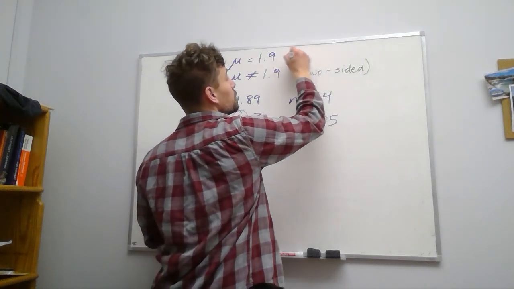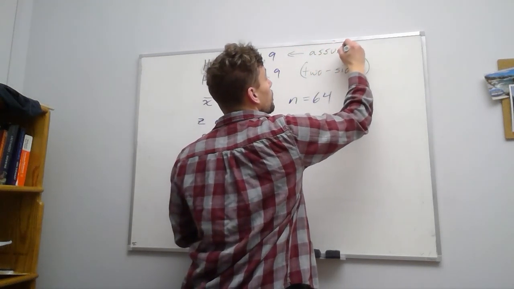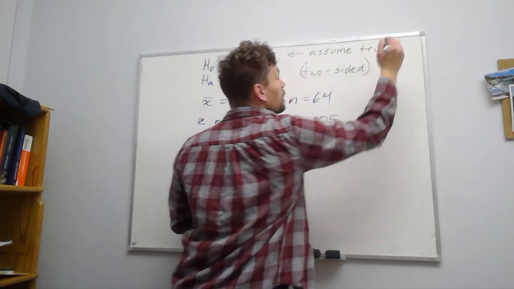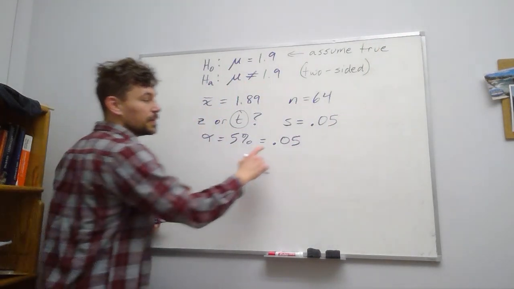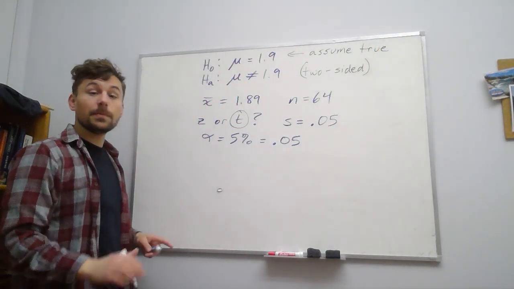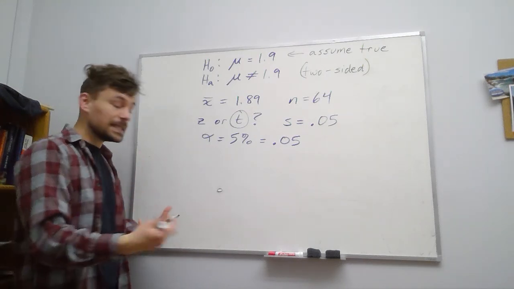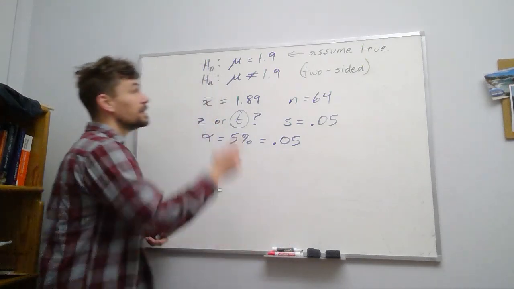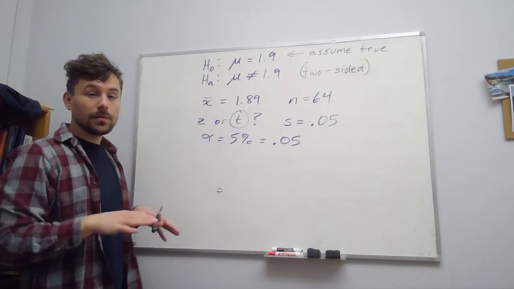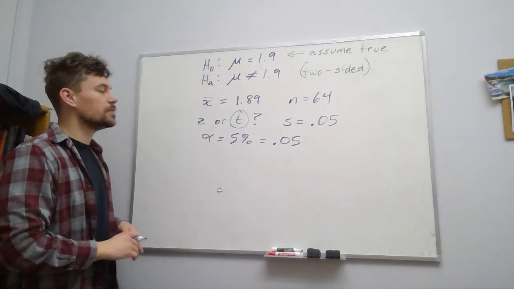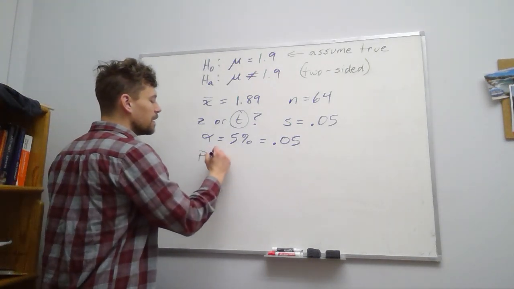This is our assumption. So if we have sample results that occur less than 5% of the time, that's evidence enough. It's statistically significant evidence to say something is wrong here. That null does not seem to be true. So let's go find our p-value.